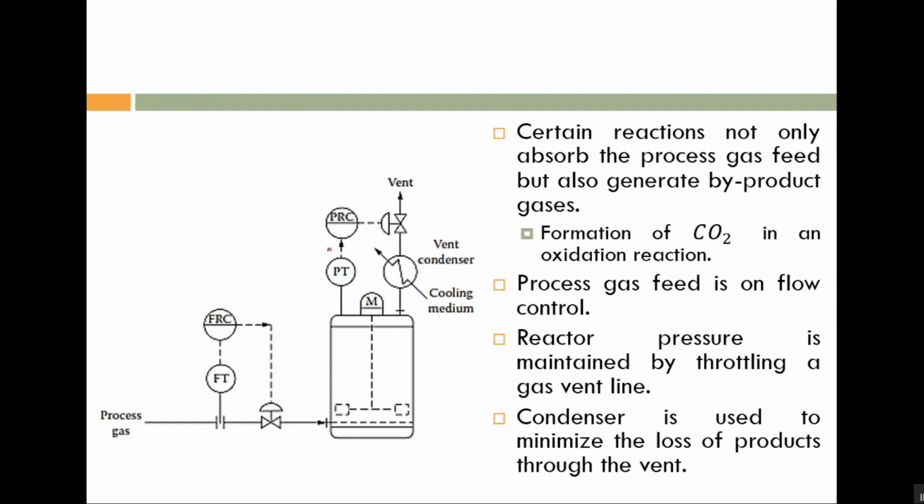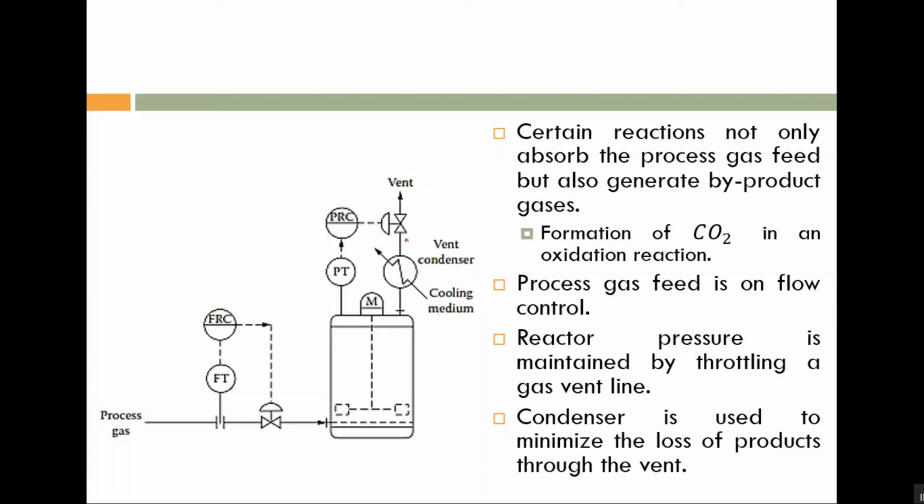So pressure is measured here, and by using that pressure, if the pressure is large, PRC opens this control valve so that a large amount of byproduct gas is removed as vent. Please note, with respect to the pressure, we are removing the byproduct gas that is present inside the chemical reaction. As the density is small, definitely it will rise through this column, through this line.